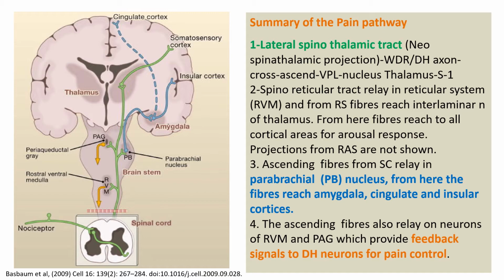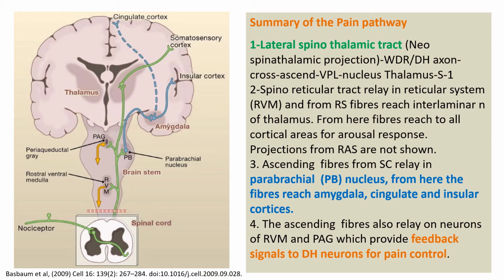From this green path you can see the collaterals, one at the rostroventral medulla, and the other at the parabrachial nucleus. The third collateral is at the periaqueductal gray.